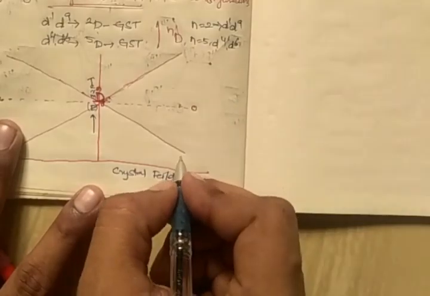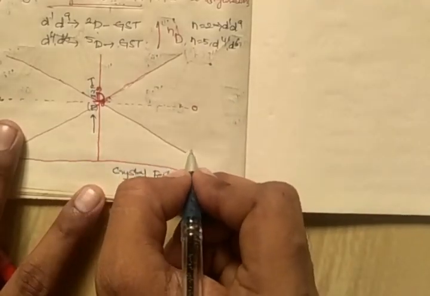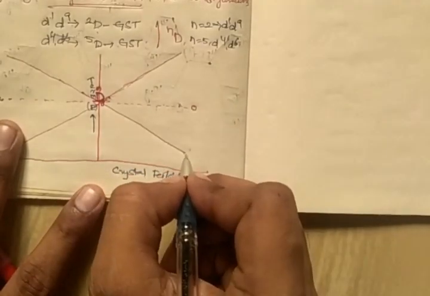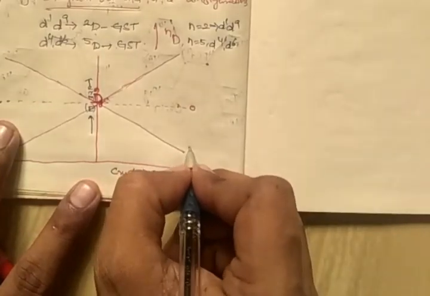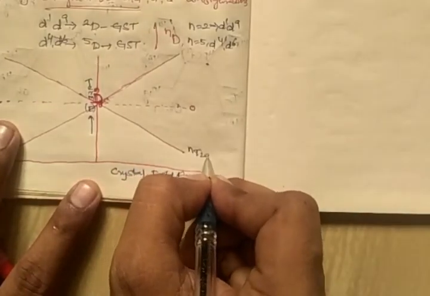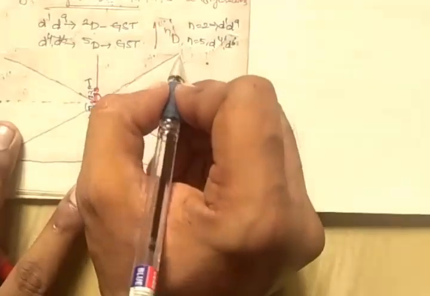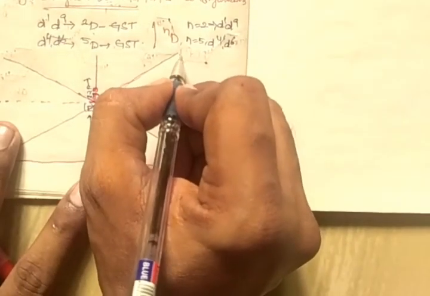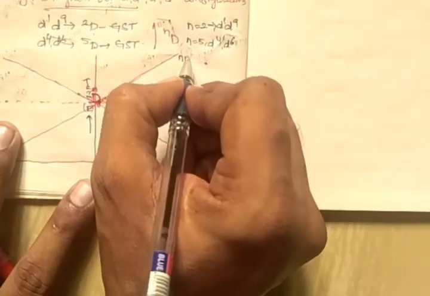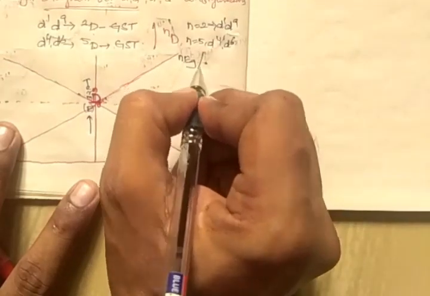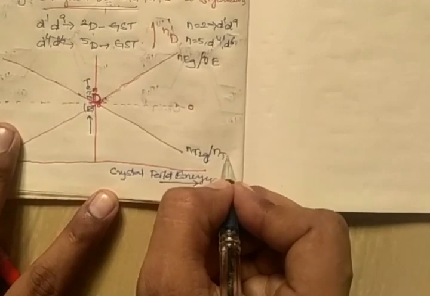And in this particular pattern, this straight line indicates the nT2g state, and this straight line indicates the nEg, or nE or nT2, right?